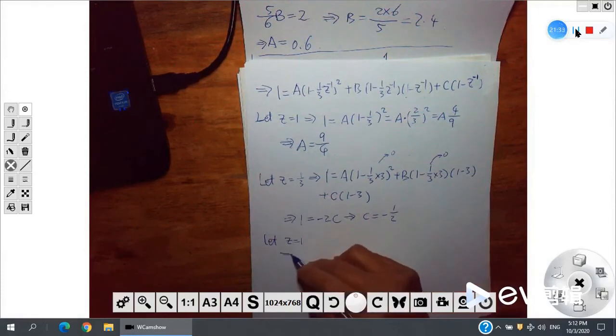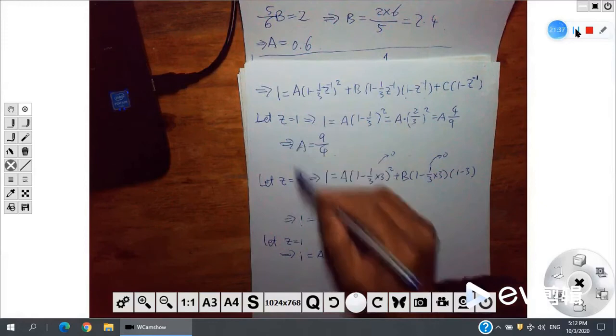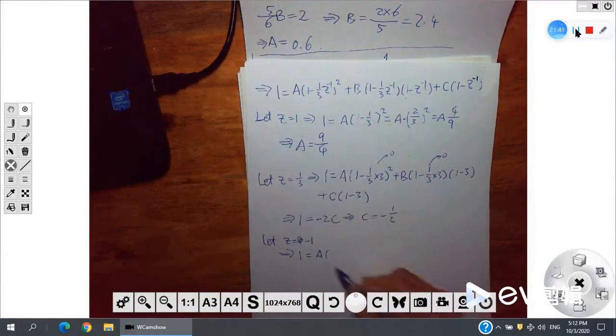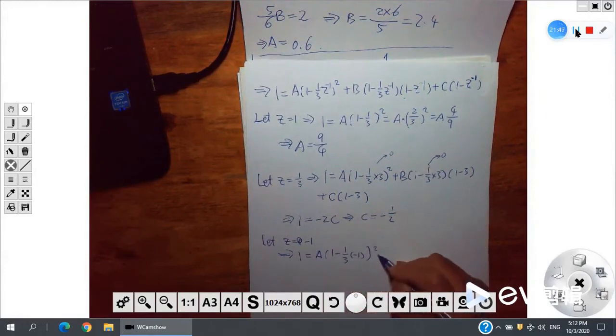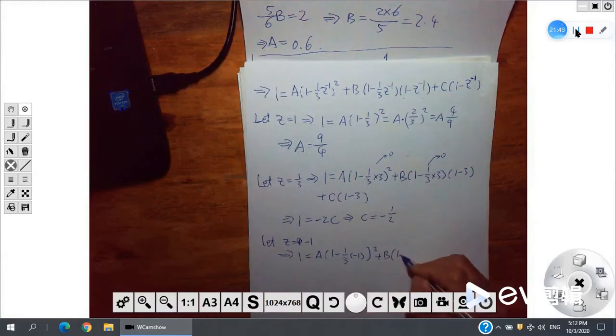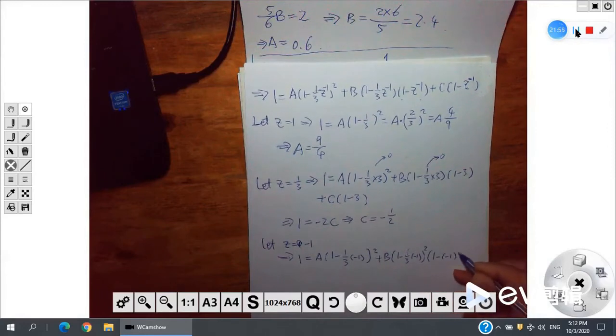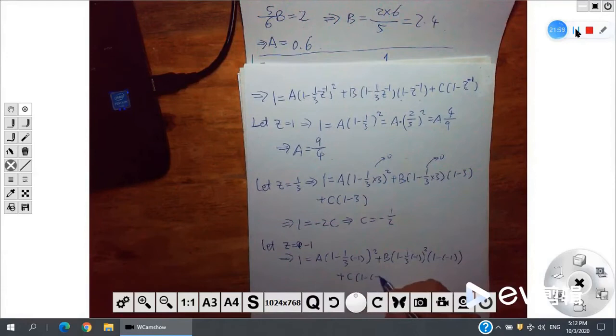Then we have 1 equal to a times 1 minus 1/3 times negative 1, squared, plus b times 1 minus 1/3 times negative 1, and 1 minus negative 1, plus c times 1 minus negative 1.